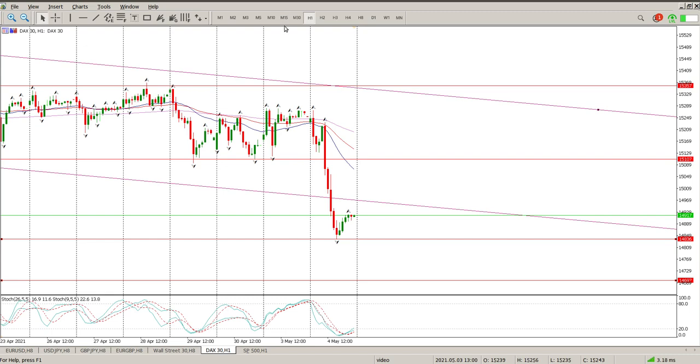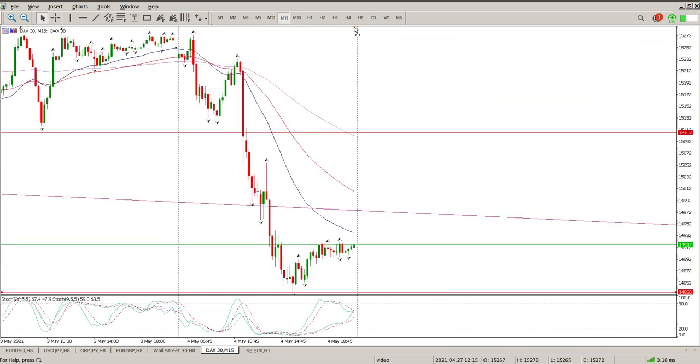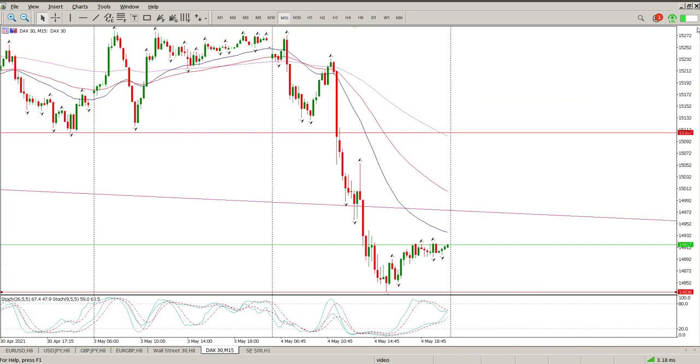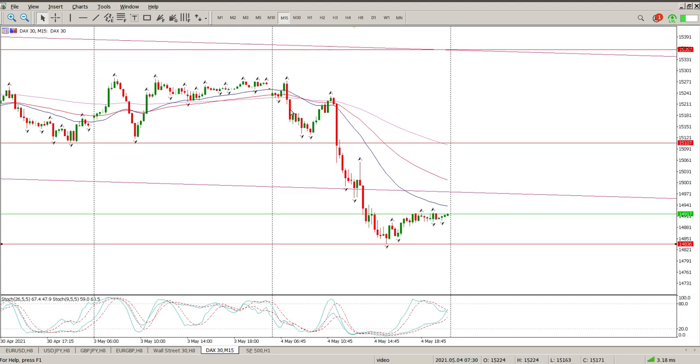But again, hindsight being a perfect science, just want to come down to 15 minutes and highlight something. So at this point here, you can see nothing really happening. When we did the videos, we were bottom of range, and I was like, maybe look in this area here to see what happens. You can see we've got a moving average crossover, and then you had that engulfing bar.